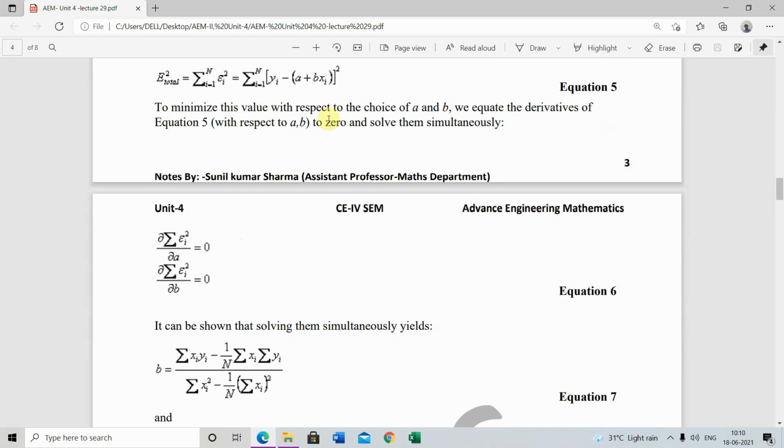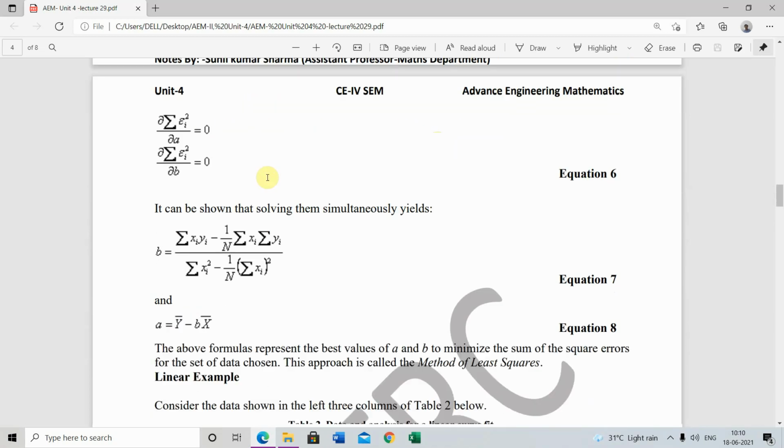To minimize this value with respect to the choice of a and b, equate the derivatives of equation 5 with respect to a and b to 0 and solve them simultaneously. Del summation ei square upon del a equals 0 and del summation ei square upon del b equals 0.